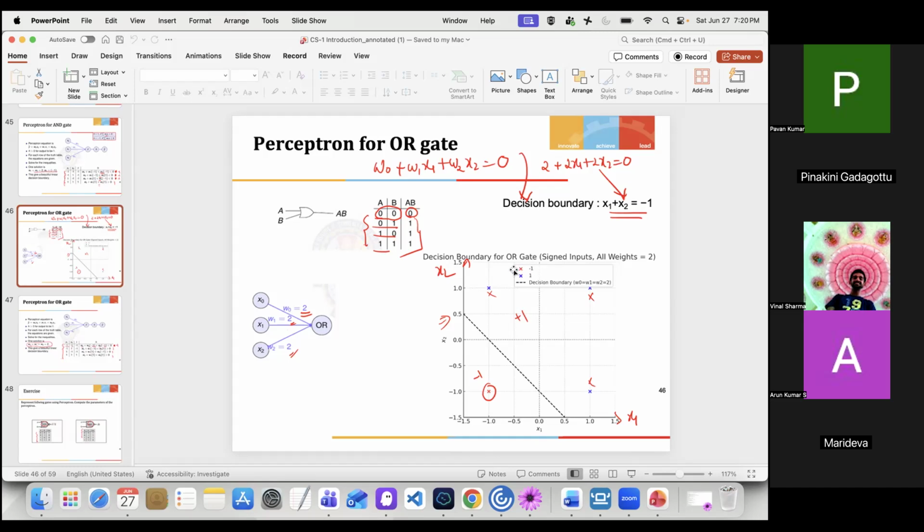So red means -1, blue means 1. When you plot it in this two-dimensional graph, in this spatial dimension, you can separate the blue colored points from the red colored points.